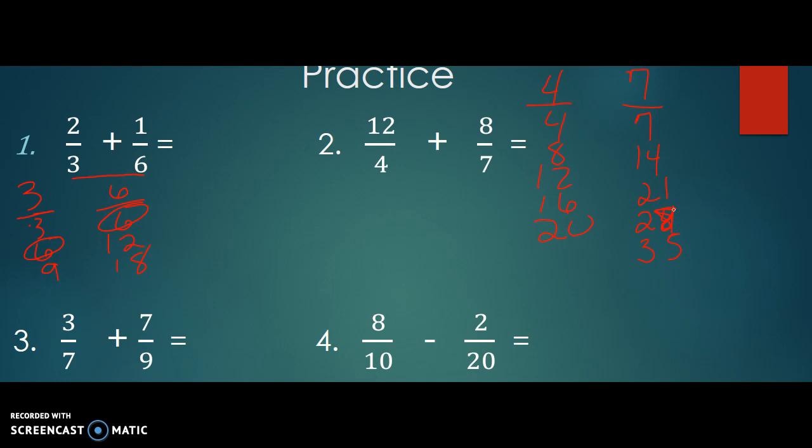Okay, let's keep going on 4. 4 stopped at 4 times 5. 4 times 6, 24. 4 times 7, 28. All right, so let's look at our list. And the only thing that they have in common is going to be 28. So our new denominator will be 28.